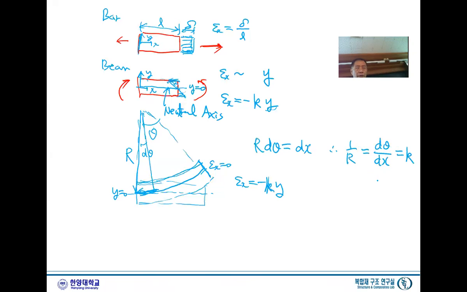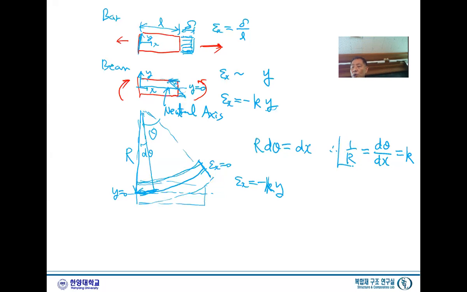So r when it's flat, how much is the r? Infinite, right? But when it bends, it gets smaller and smaller, which means curvature is increasing. So we don't want to say R is decreasing; we rather want to say K is increasing.